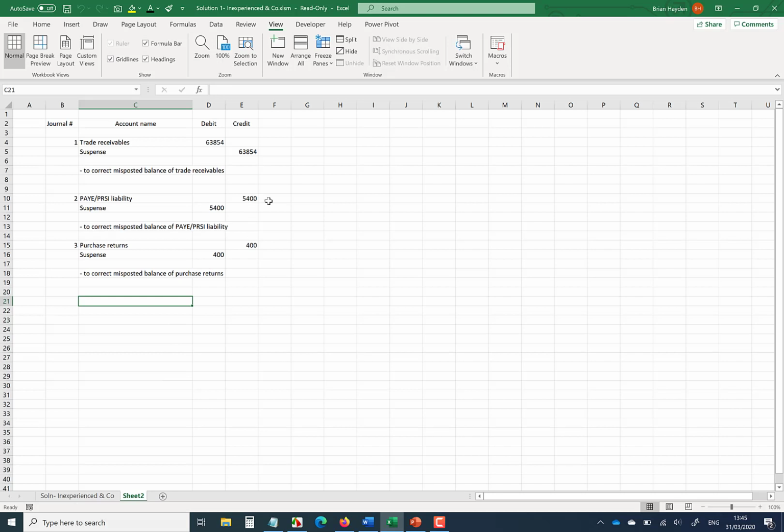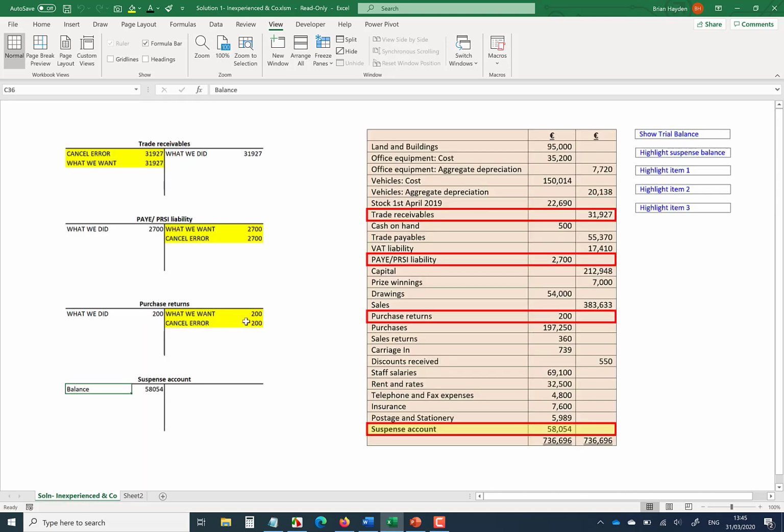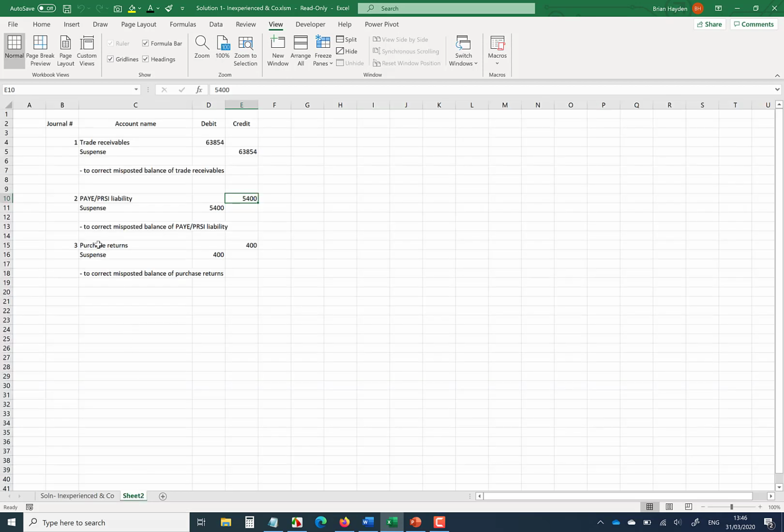So that's that entry there. And then we debit suspense with the same amount. Okay, so the suspense will also be affected where you've got this type of error in a trial balance. And finally, with the purchase returns, you can see that I've highlighted here, credit it with 400 euros, and we're going to therefore debit suspense. So purchase returns, credit with 400, and debit suspense.